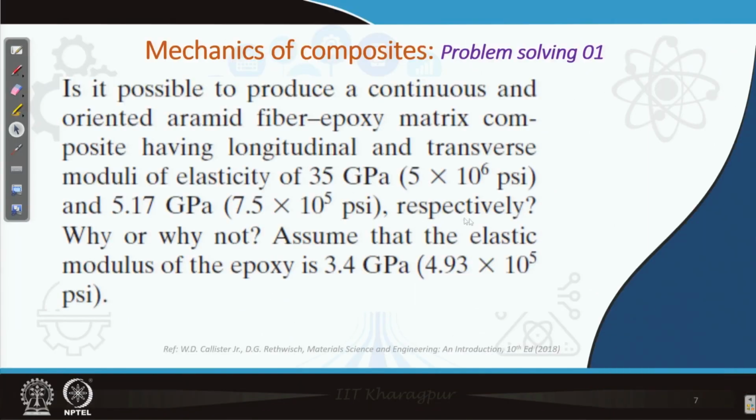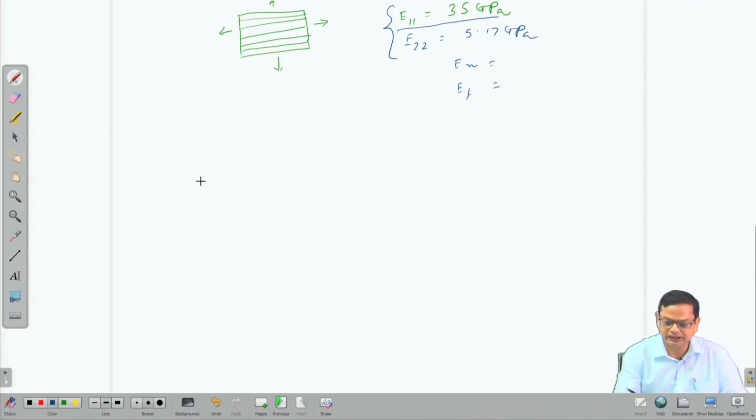It says to assume that the elastic modulus of the epoxy is 3.4 GPa, and the aramid fiber's value is also given. So, Em has been given as 3.4 GPa and Ef has been given as 131 GPa.